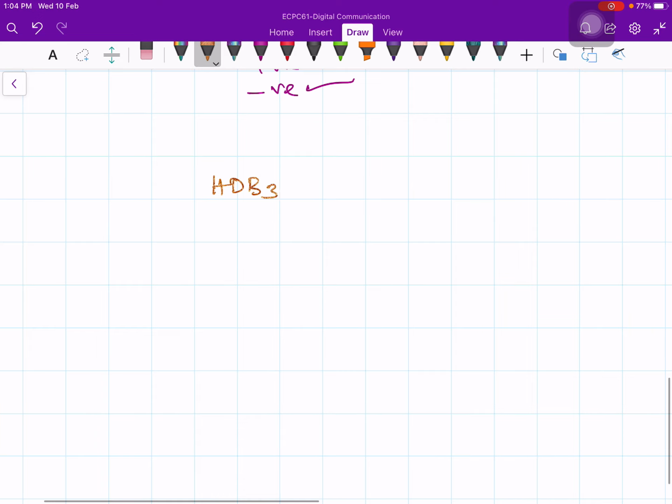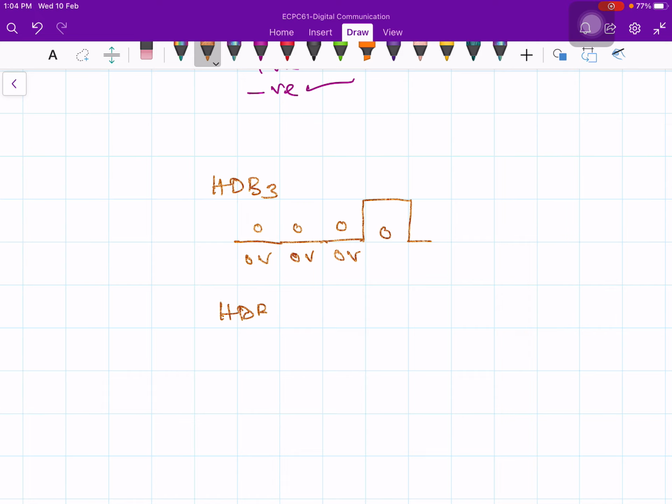That means for first 0, 0 voltage, second 0, 0 voltage, third 0, 0 voltage. If fourth 0 comes, don't transmit 0 volt, you transmit positive voltage. That's what you will do in the HDB3 code. But if you take HDB5 code, then you wait up to 5 zeros. 0, 0, 0, 0, 0, 5 zeros. 0 volt, 0 volt, 0 volt, 0 volt, 0 volt.